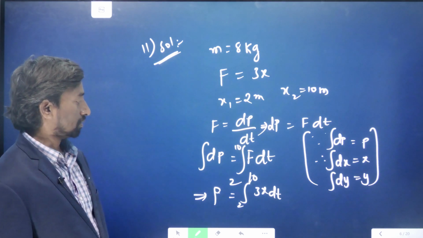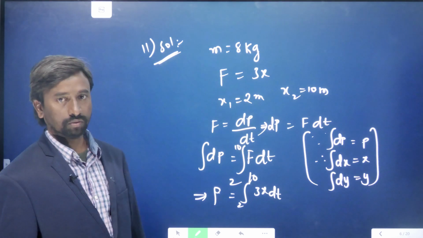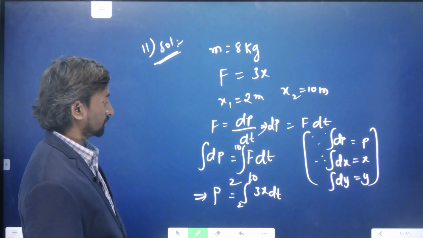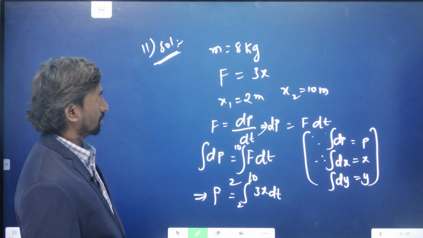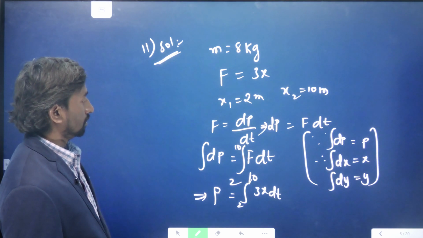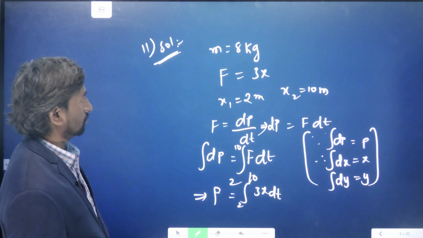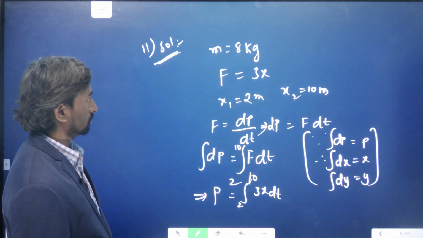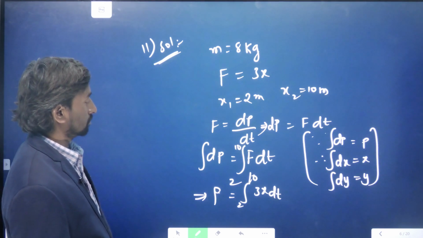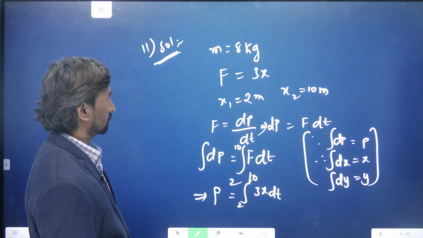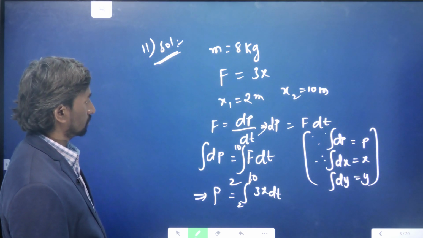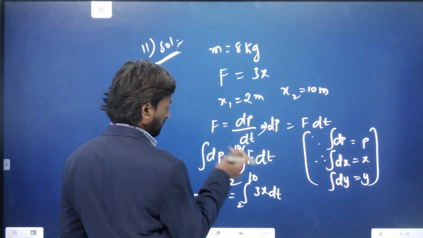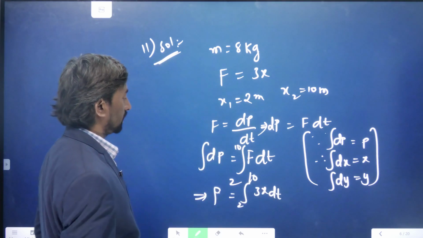So in terms of velocity, we can write x is equal to v by t. Here F is equal to 3x, and dt is given.